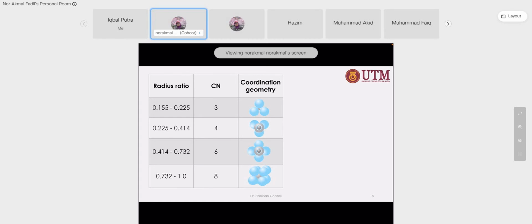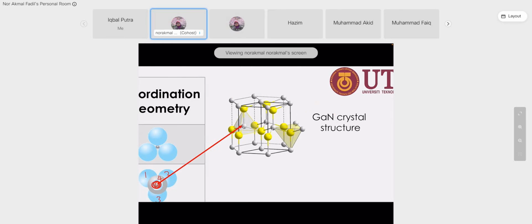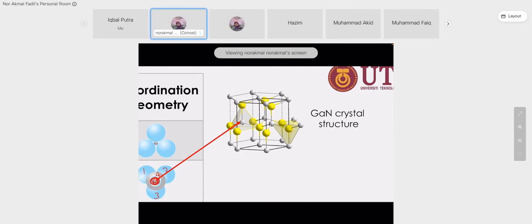And then if you have the ratio between 0.225 until 0.414, basically you will have coordination number of 4. How does it look like? These tiny small atoms bonded with 1, 2, 3, and 4 on top. This is an example of gallium nitride.